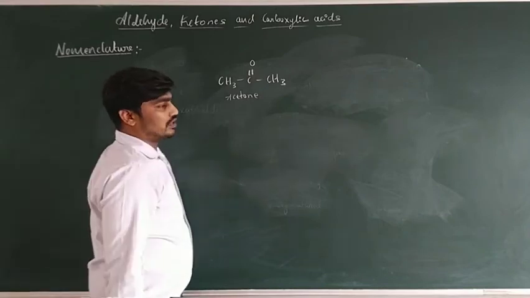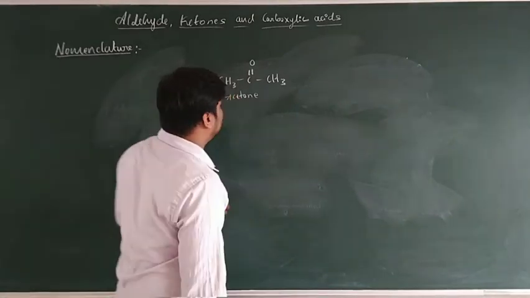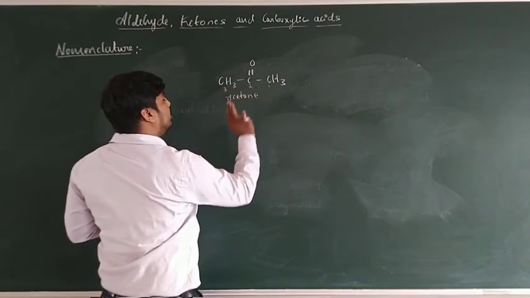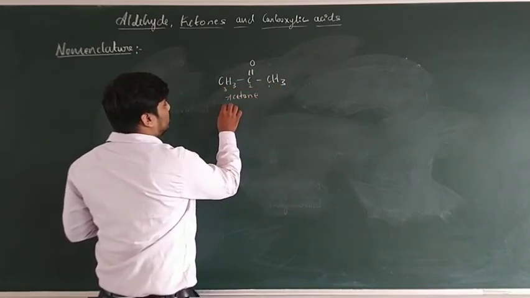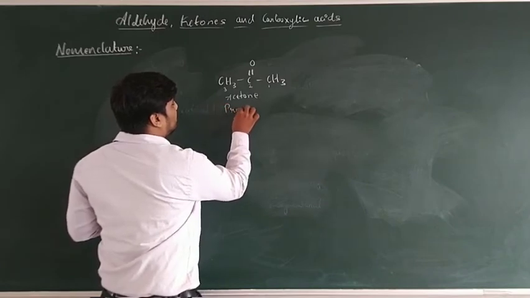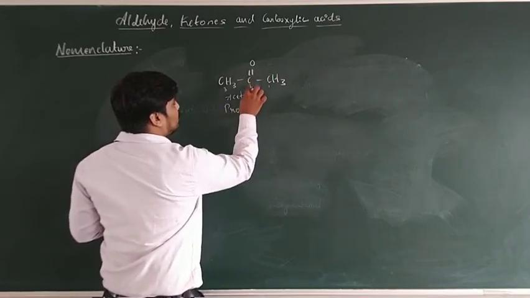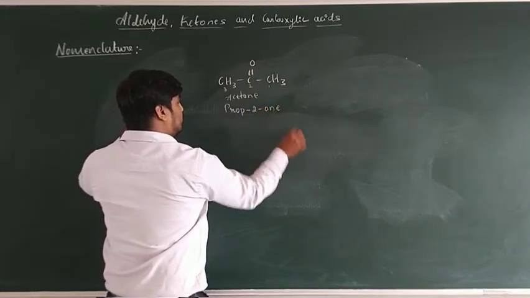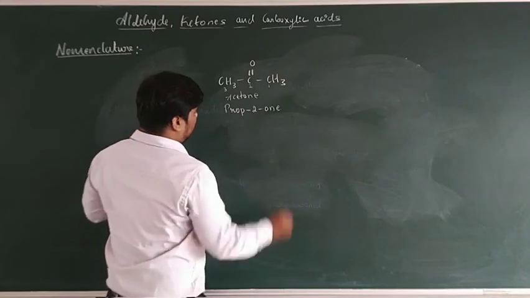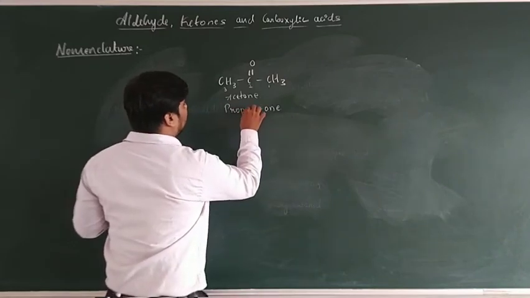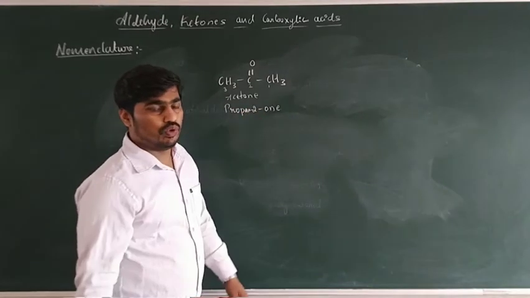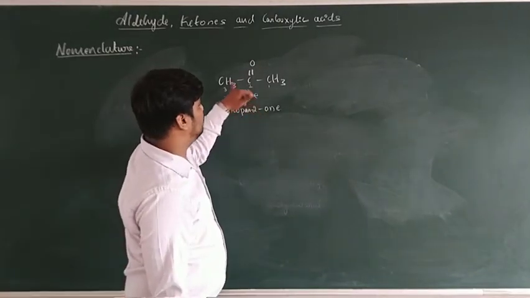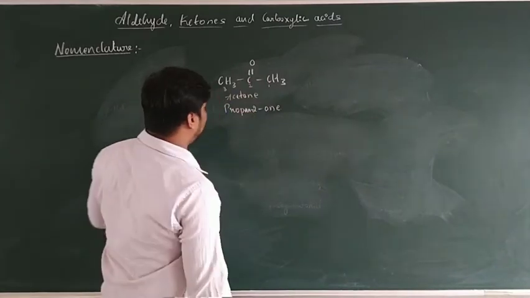In the IUPAC system, acetone is named with 1, 2, 3 or 3, 2, 1, both are correct. The total number of carbons is 3, therefore it is prop, and the second carbon contains the ketone, so propan-2-one. Why do we use 'ane'? 'Ane' is because of singly bonded carbon. Propan-2-one.